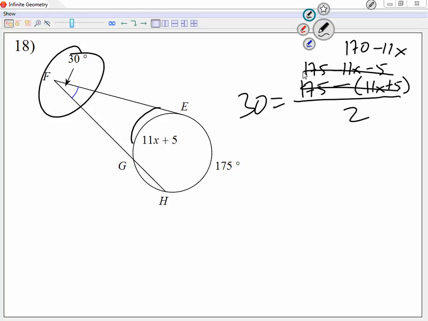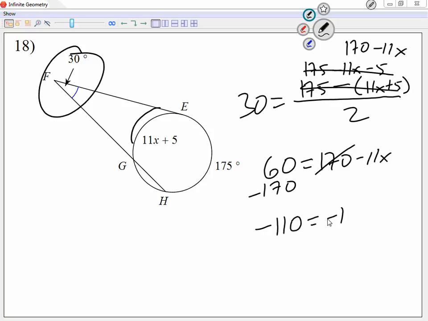Now let me get rid of fractions by multiplying both sides by 2. So if I write 60 equals 170 minus 11x, I think you're good, right? Didn't lose anybody? All right. Now my 170, let me subtract it. So I'm going to get negative 110 is equal to negative 11x.